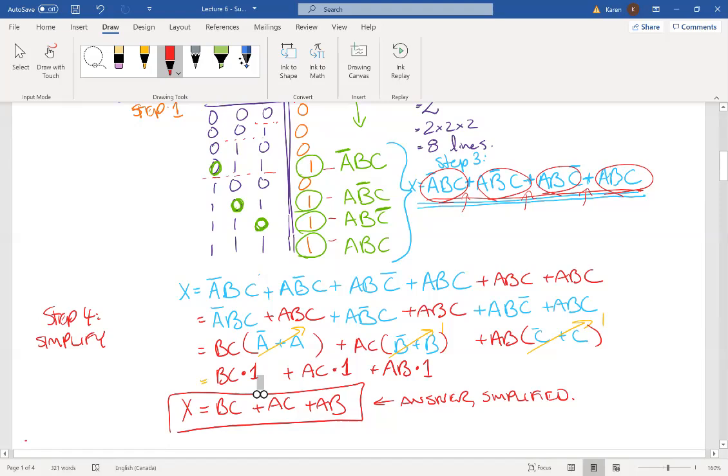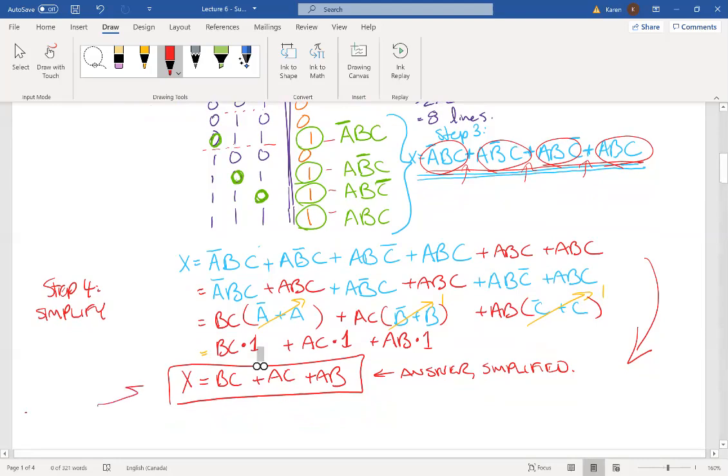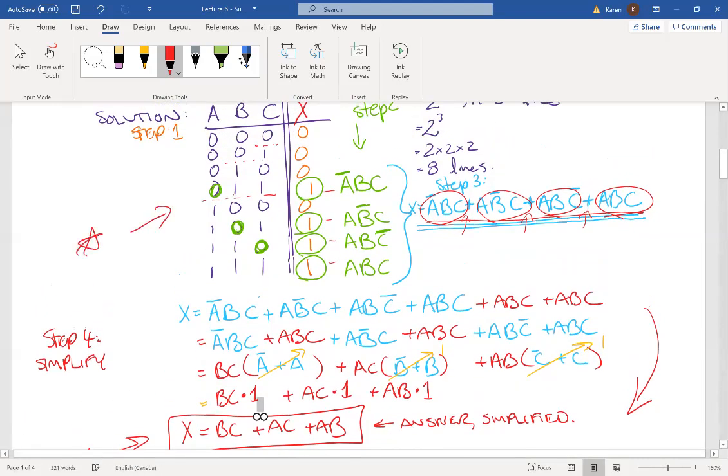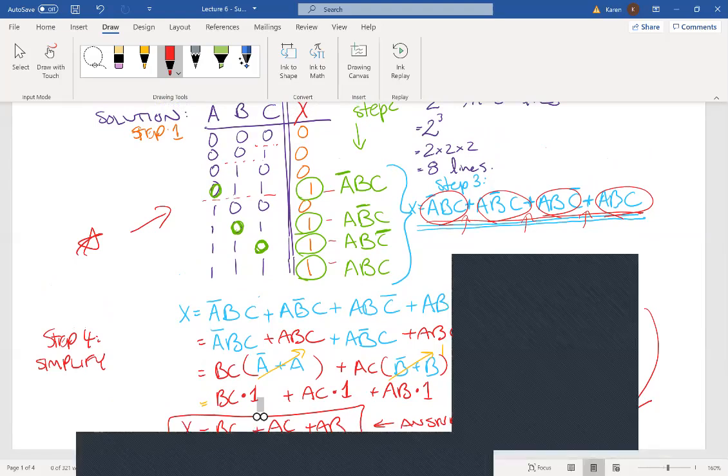And then I simplified that expression and I said, well, if I build this, then it will behave like this. And that's the sum of product form. That's the sum of product design method.